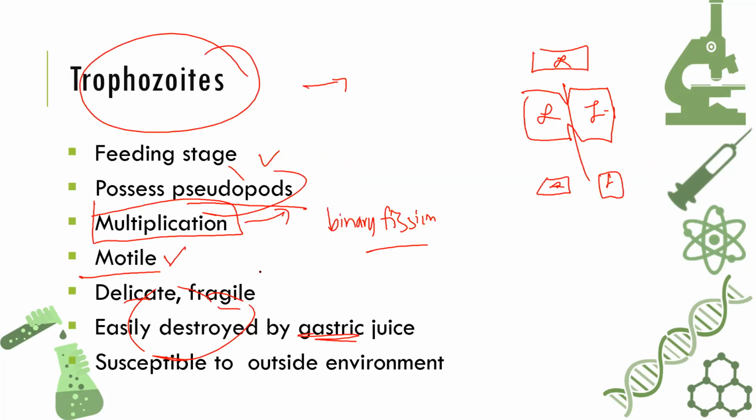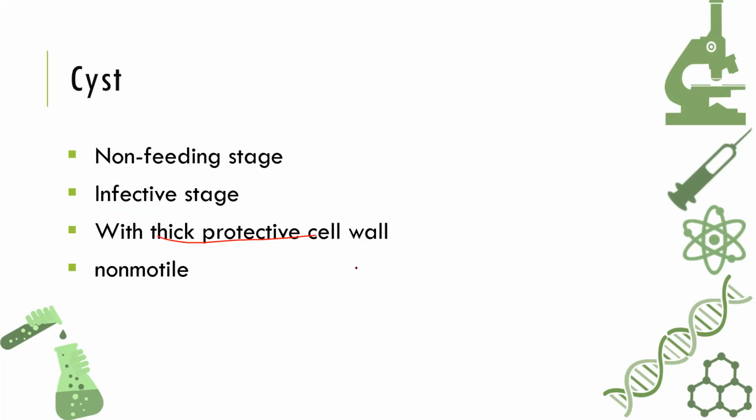Trophozoites are easily destroyed by gastric juices, thus they transform into the cystic stage. Cyst is capable of resisting the gastric juices of our stomach because of this thick protective cell wall.